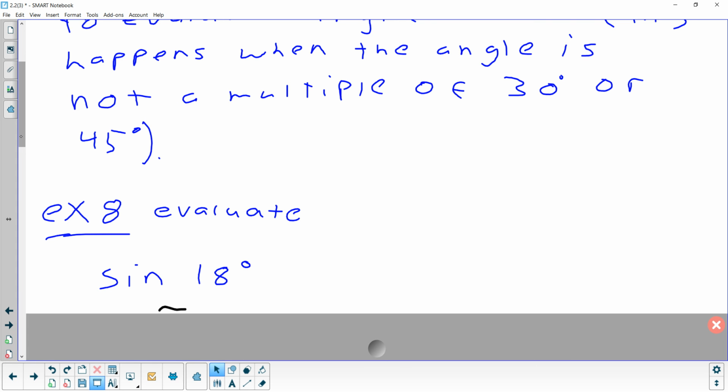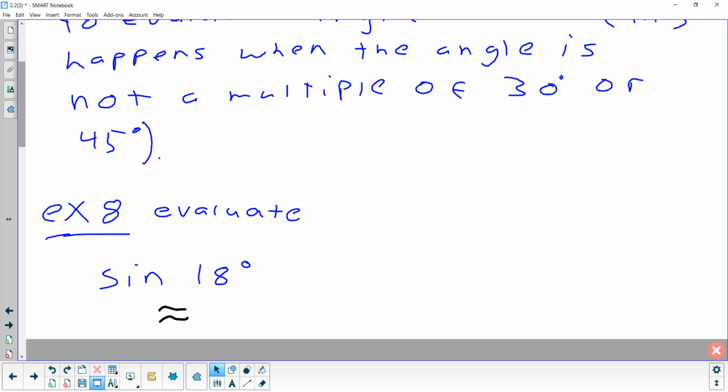Find the sine of 18 degrees. Look at 18. Is 18 a multiple of 30? No. Is it a multiple of 45? No. Because it's not a multiple of either one of those, we're not going to be able to do it on the unit circle.